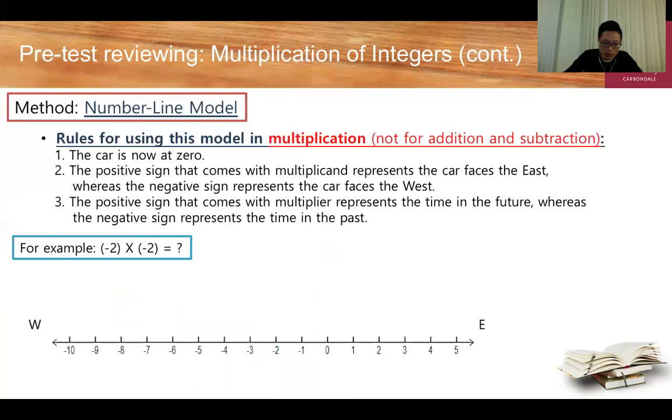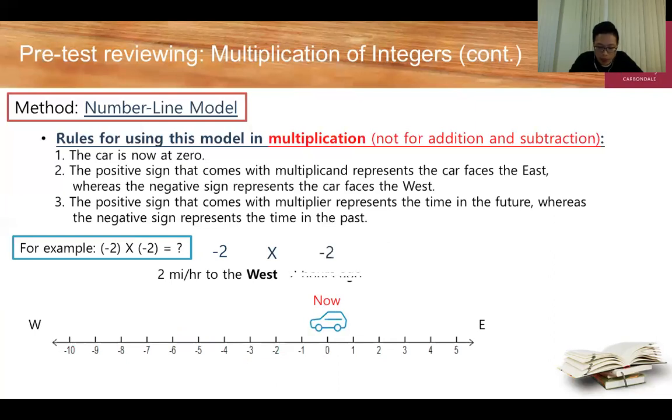All right, so here we see the last example question. -2 times -2. The multiplicand this time is -2. So the car will be the same, facing toward the west. So I have to switch my car to the west, right?